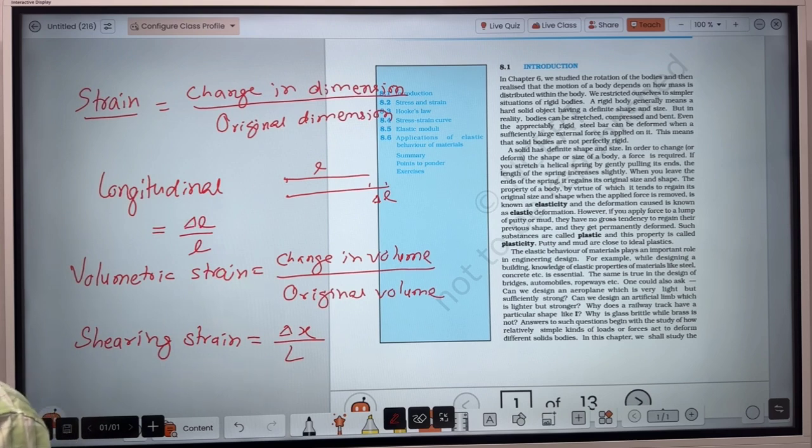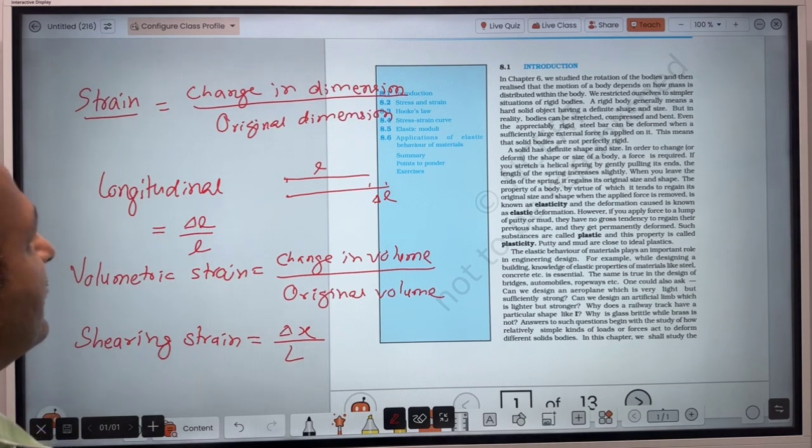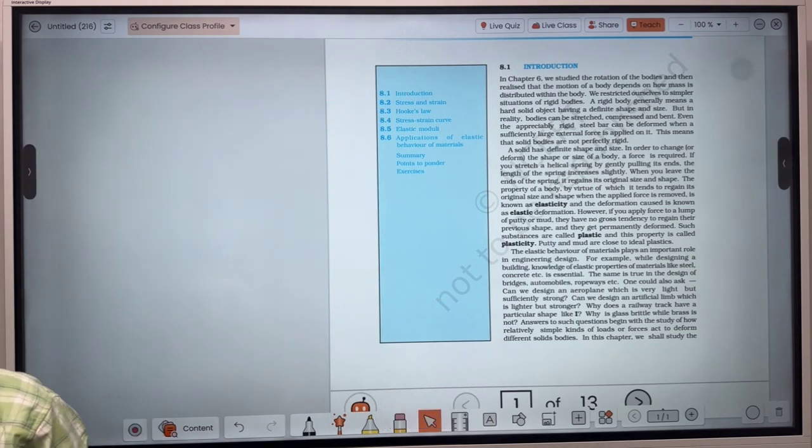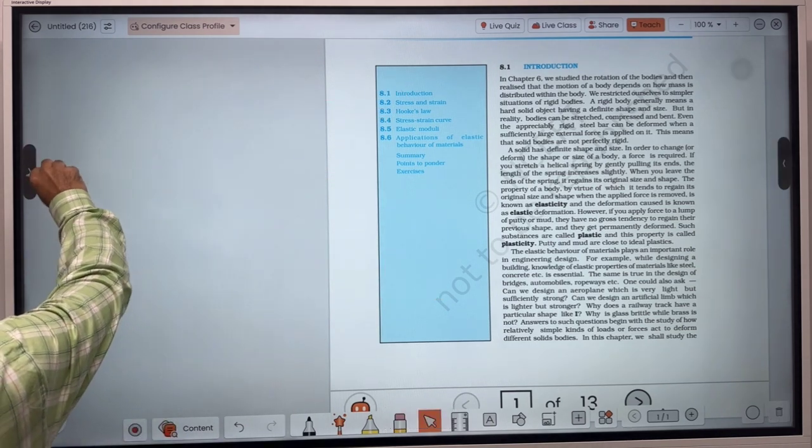Now you have understood. Now we are going to check the ratio of stress and strain. Thereby we will get different types of moduli.